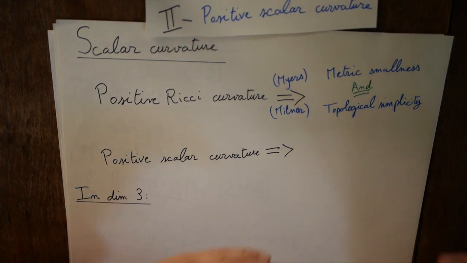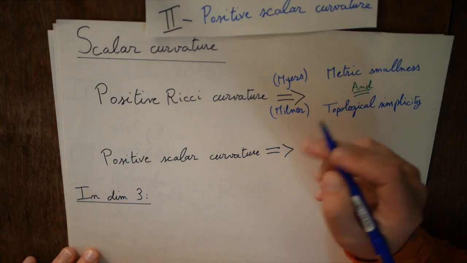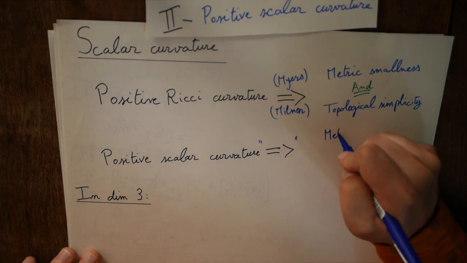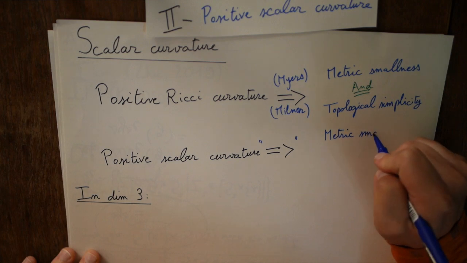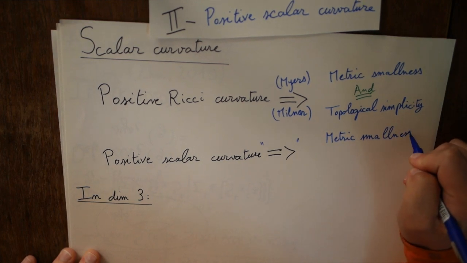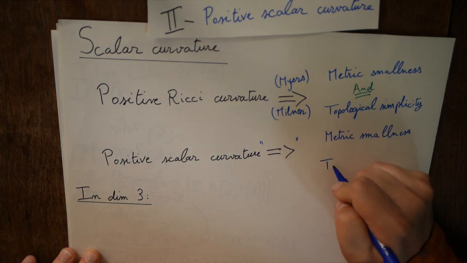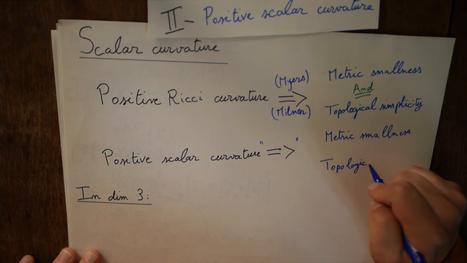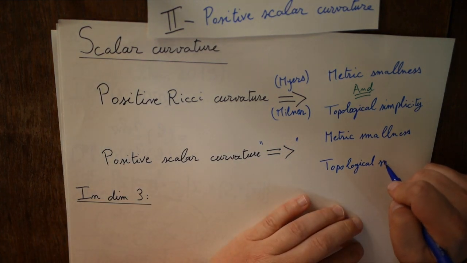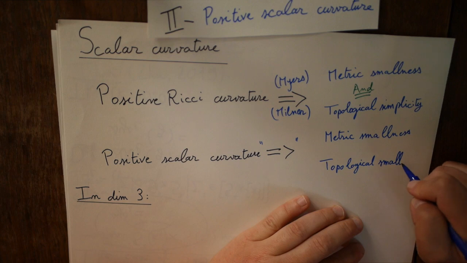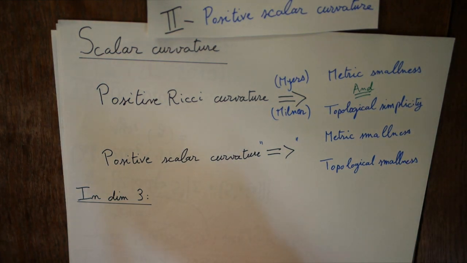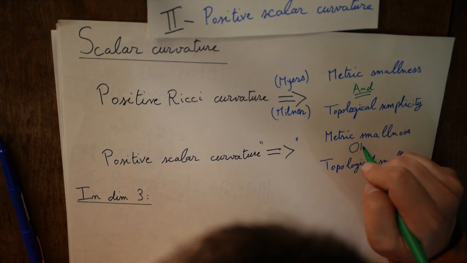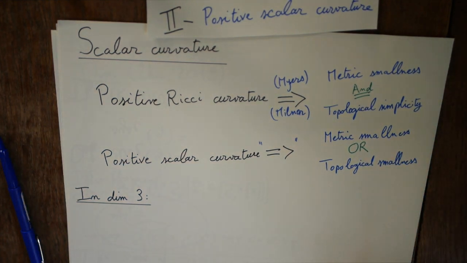But actually, the more I study this topic of positive scalar curvature, and I will put quotes everywhere here, the more I'm under the impression that positive scalar curvature cannot give you topological simplicity, but it will give you either metric smallness or some simplicity on the topology.